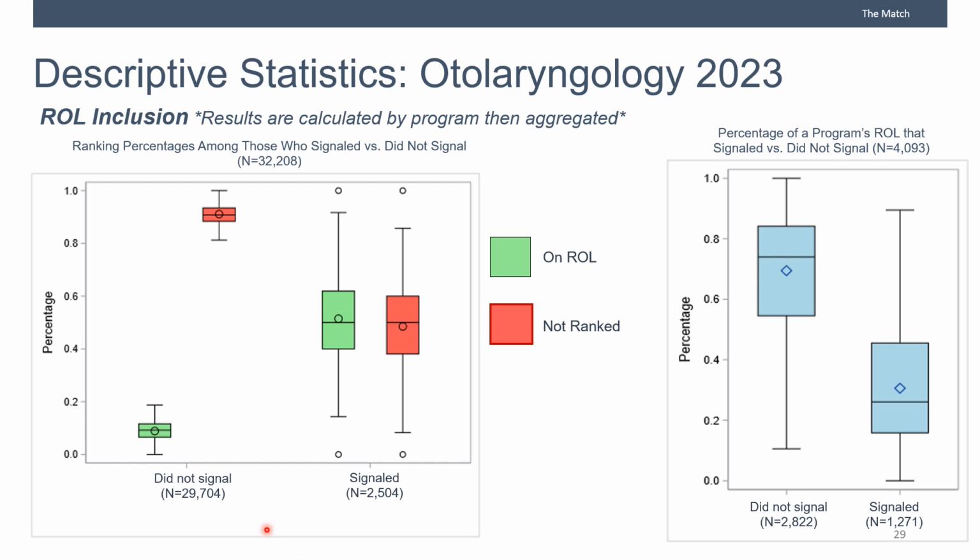Therefore for ODO, the likelihood of being ranked, given whether you signaled or did not signal, increases from 9.5% if you didn't signal to 50.8% if you did signal. Whereas for general surgery, that likelihood increased from 7% to 26%.